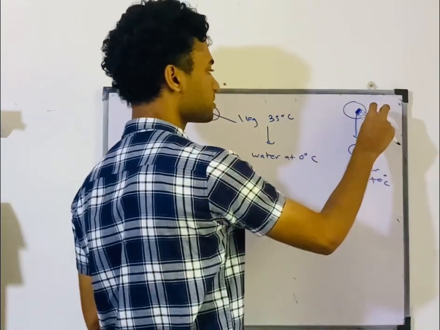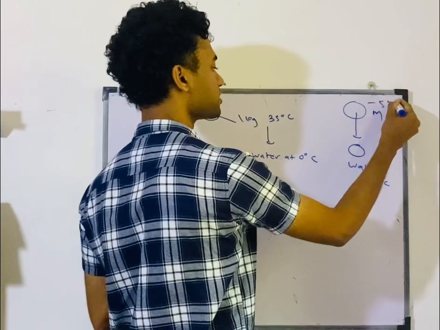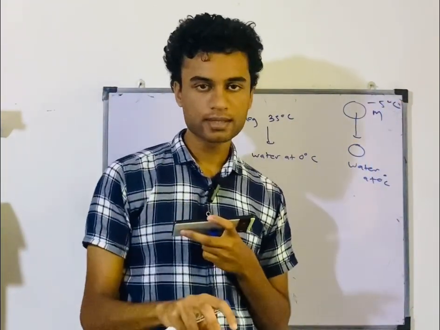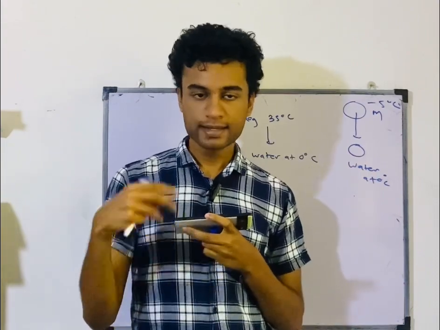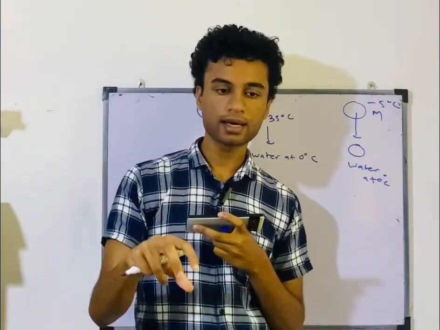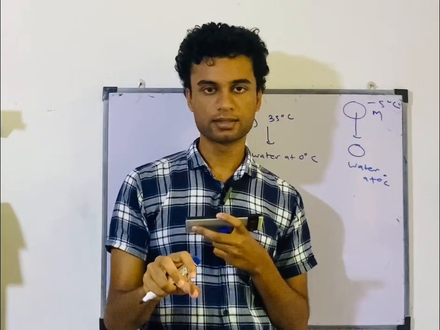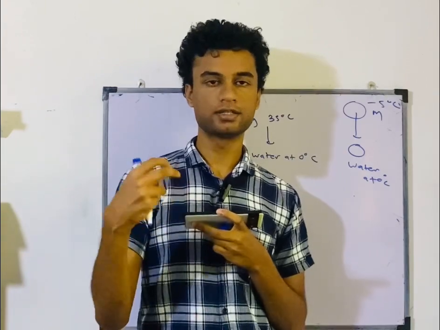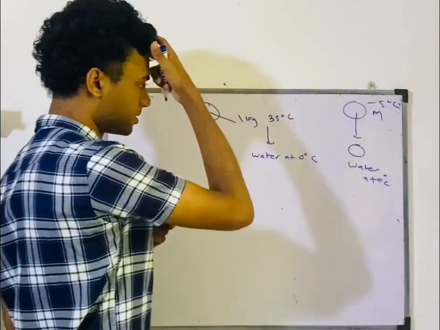And ice at -5 degrees Celsius eventually becomes water at 0 degrees Celsius. So in the process, ice heats up from -5 degrees Celsius into ice at 0 degrees Celsius, and then the ice at 0 degrees Celsius becomes water at 0 degrees Celsius, undergoing a change in state.